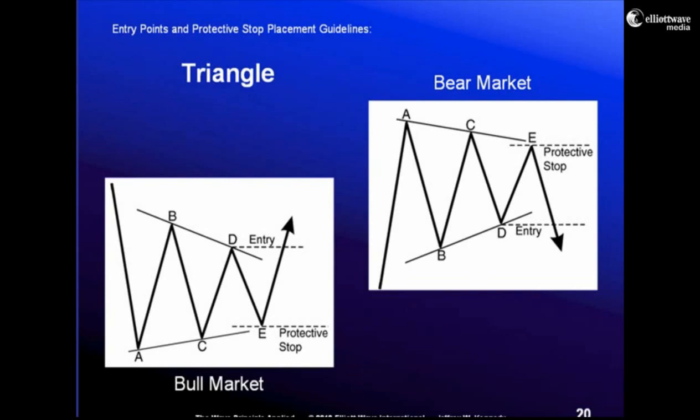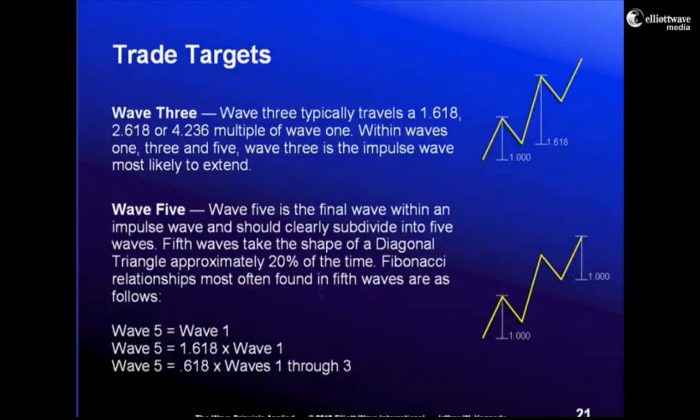If we're working a flat correction, at that point I want to see the extreme of wave 4 of C penetrated before I begin looking at the price chart as a viable trading opportunity. Now here are simply the Fibonacci-derived targets for our trending moves: waves 3, waves 5, waves A and C.